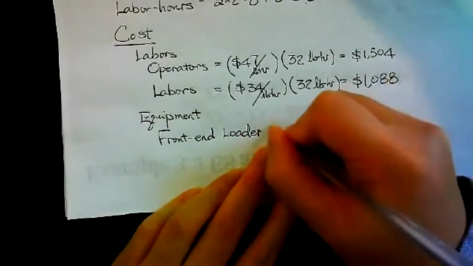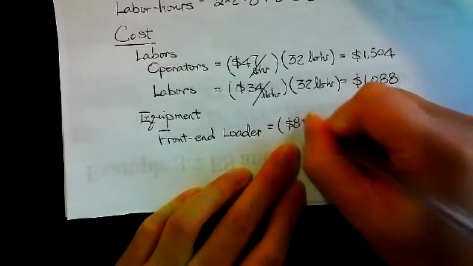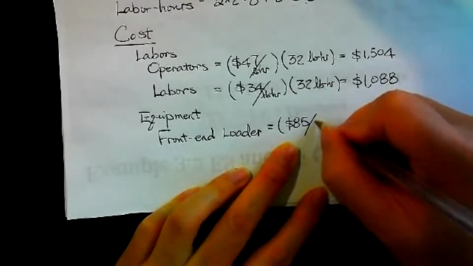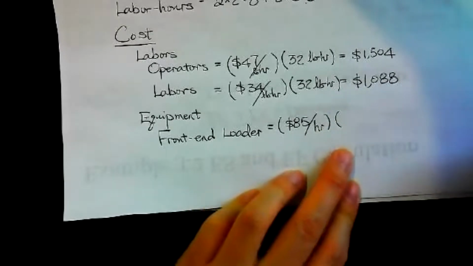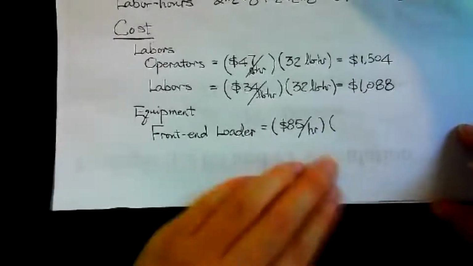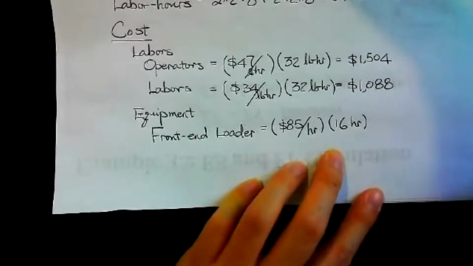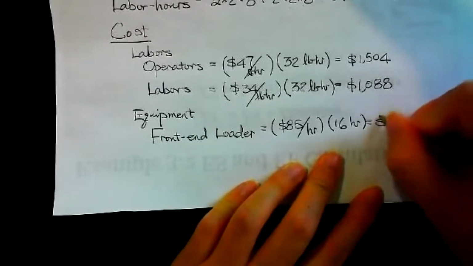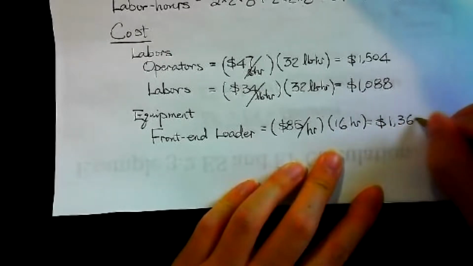Front end loader rental is $85 per hour, per equipment per hour. And then we need how many? We need 2 days, 8 hours per day. So here we have 16 hours needed. So this one will give us $1,360.